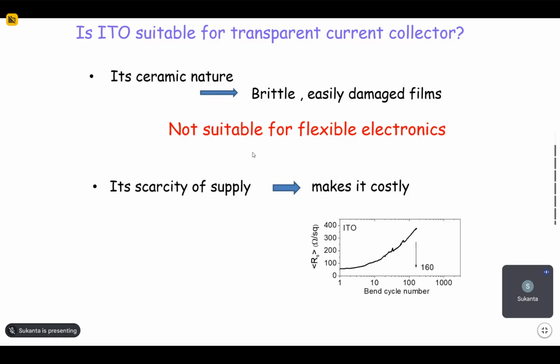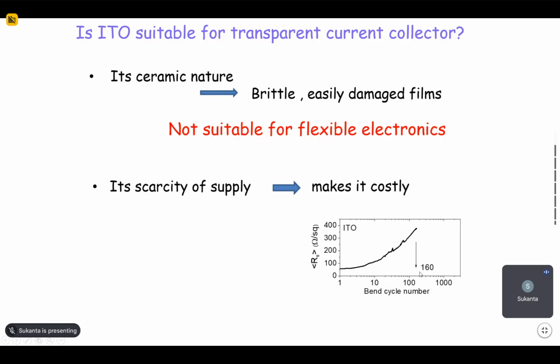Till now we know that ITO or ZTO are suitable transparent current collectors. But the problem with ITO is it's ceramic in nature, so it's brittle and easily damages the film. Here it is showing the surface resistance with bending cycle for ITO.